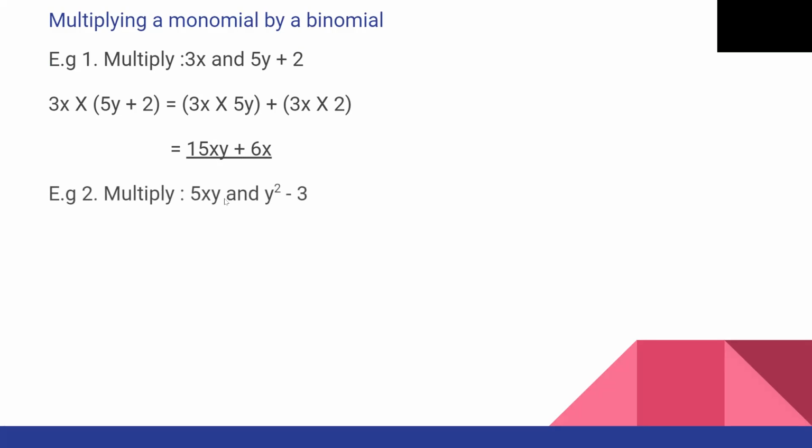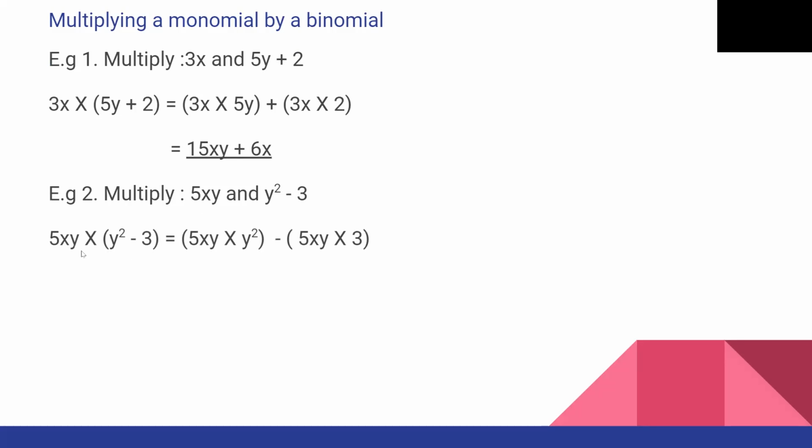Now we will go to another example. See, multiply 5xy and y square minus 3. Here the first one, 5xy, is a monomial and the second polynomial, y square minus 3, is a binomial. Now let us multiply them. So 5xy multiplied by, then the binomial we have written in bracket, y square minus 3.